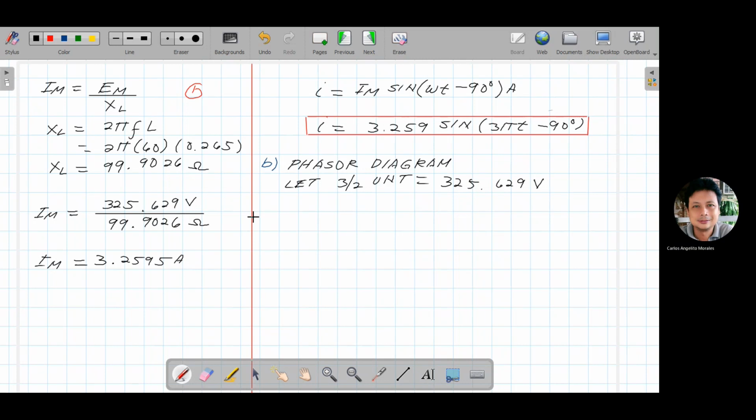So 3.5 unit is 325.629. Therefore, 1 unit, pag-assign ka ng unit pag mag-graph ka, is equal to 93.0369 volts.